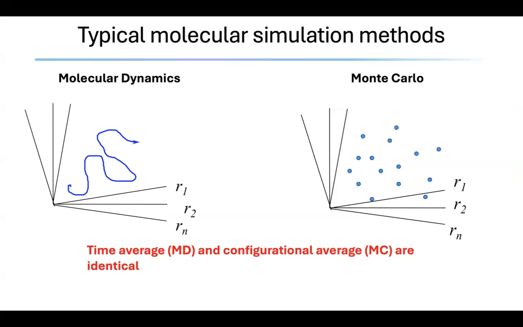Now, what is interesting is that even though you're doing molecular simulations, either using molecular dynamics or Monte Carlo, the average properties that you calculate from both of these simulation techniques must be identical, which means there is no difference in the final calculation of the properties, whether you choose to do molecular dynamics or Monte Carlo.